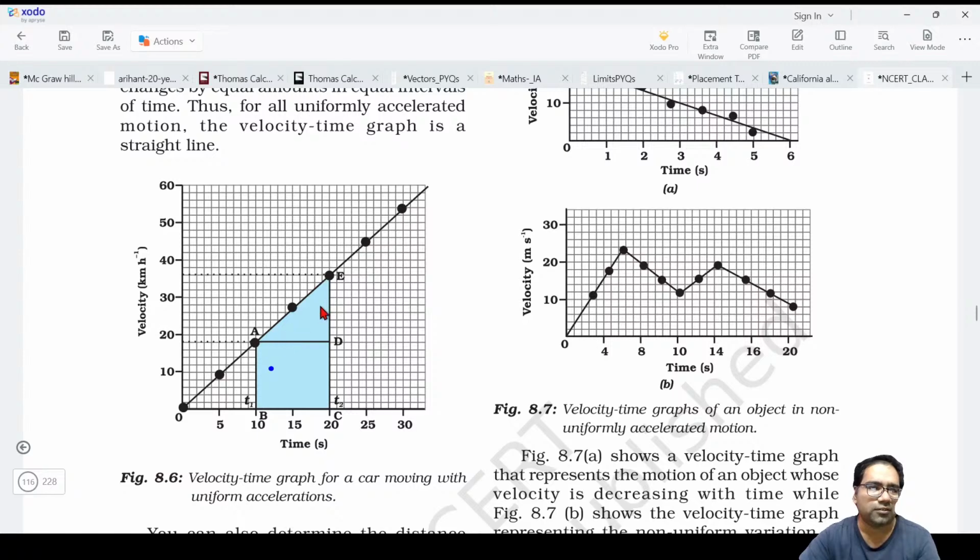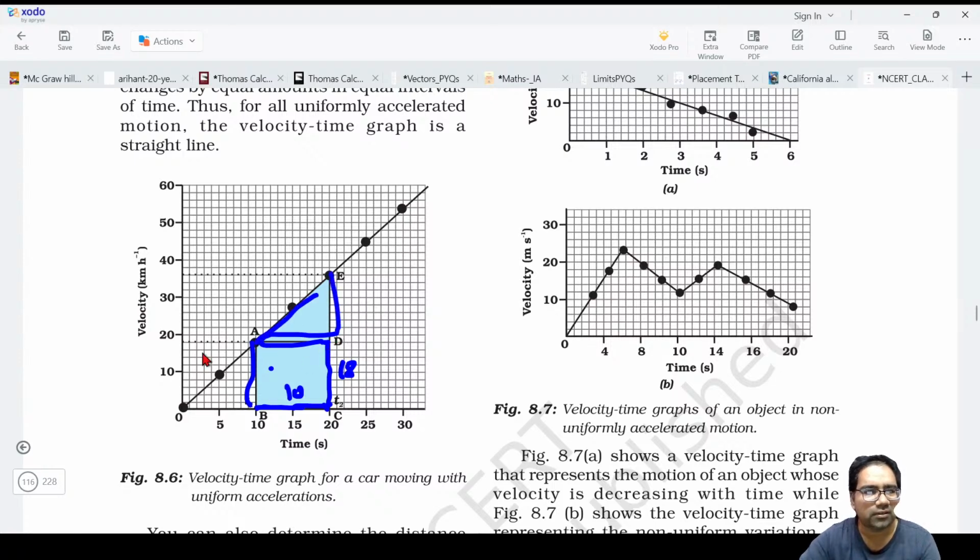So if in this graph you have to find out the distance covered between 10 and 20 seconds, you calculate this rectangle. What is the area? The length is 10, height is 18. 18 into 10, 180, plus this part, the right angle triangle.